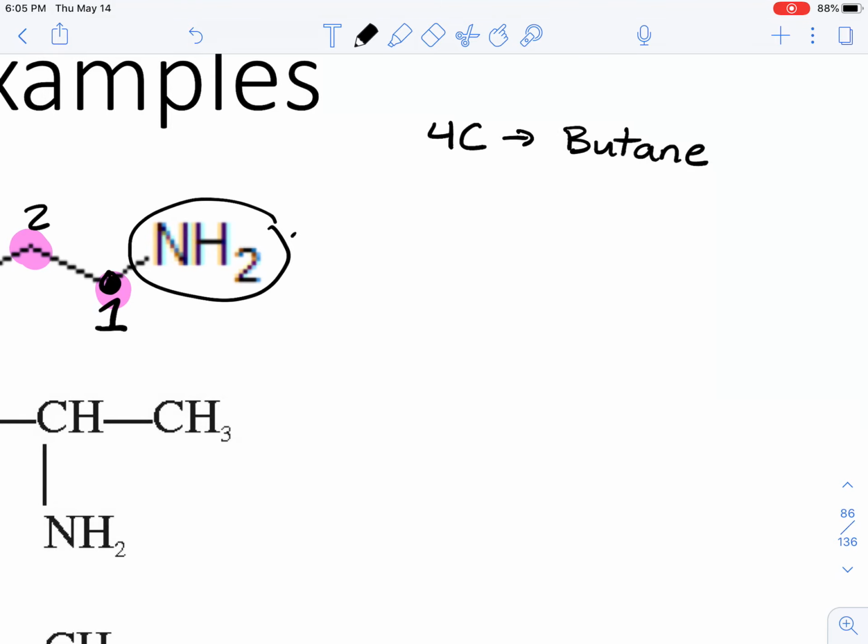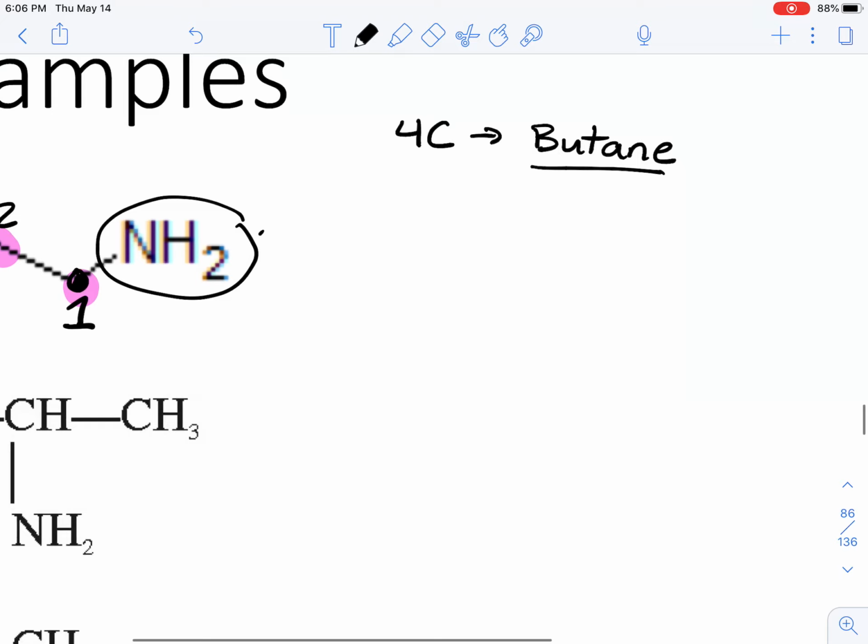And so to complete this name, we need to tell the reader that first of all we're working with an amine. So we're going to drop the E, and then we're going to put butanamine. And we're going to tell the reader that the amine on that butane is on carbon number 1.